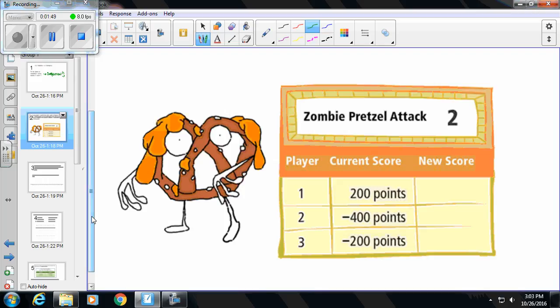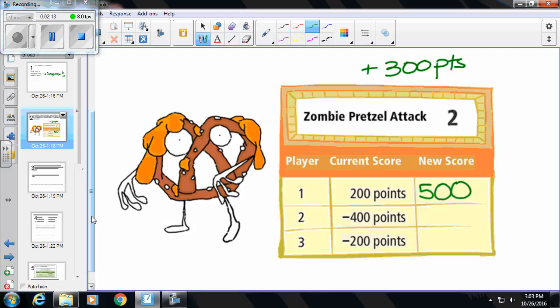All right, so this person has 200 points. Each person is cheesing 3 times. 3 times 100 gives us 300 points. So let's write that down. We have positive 300 points. If I have 200 points and I increase 300 points, that takes me to 500 points.